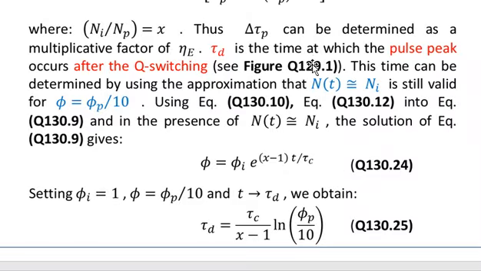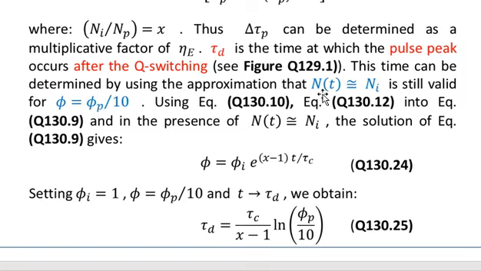So tau d is the time at which the pulse peak occurs after the Q switching process. This time can be determined by using the approximation, and these approximations are very sensitive, so be careful to understand them.